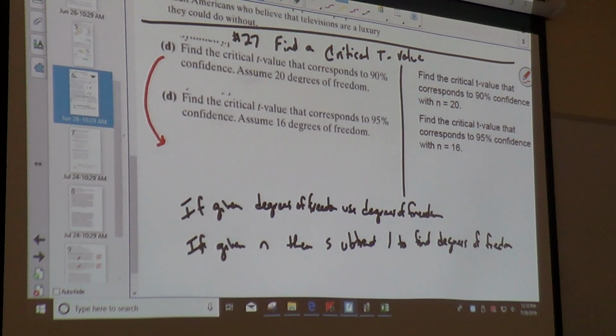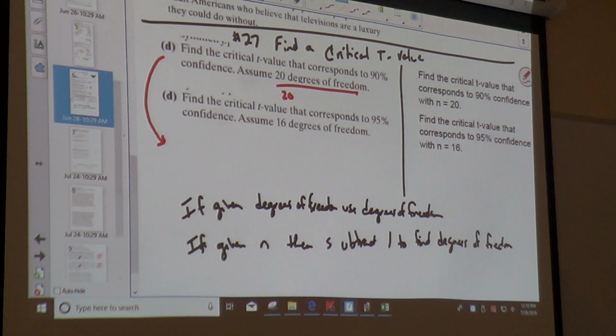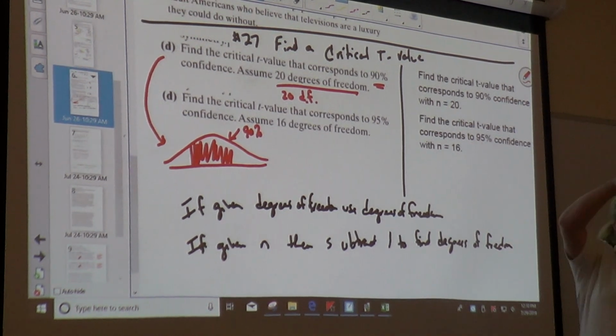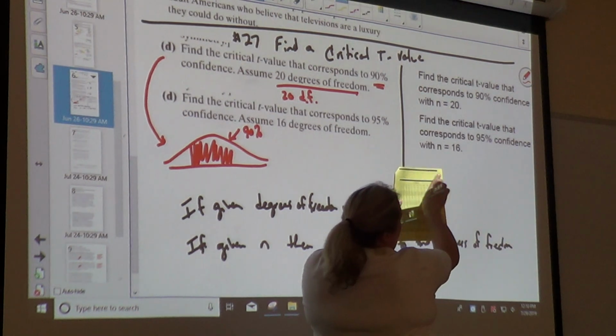We have 20 degrees of freedom, so 20 is our degrees of freedom, and a 90% confidence interval. So 90% confidence interval tells us that the middle percentage is 90. Now, if you look at this chart, it shows us the area on the right.